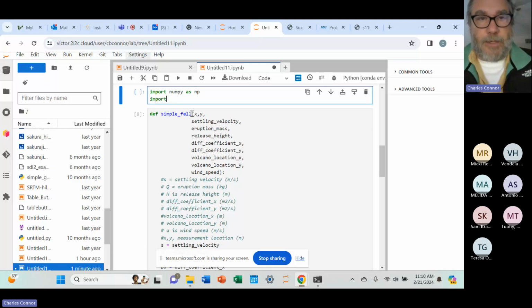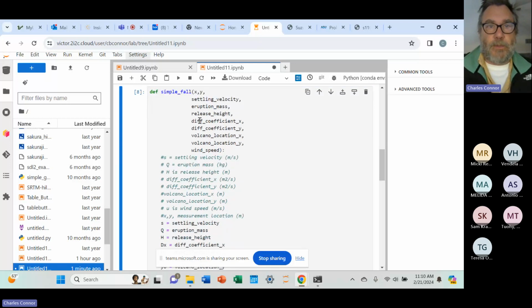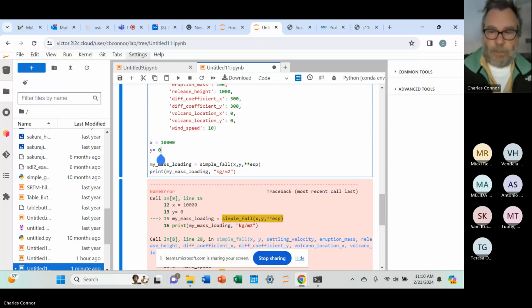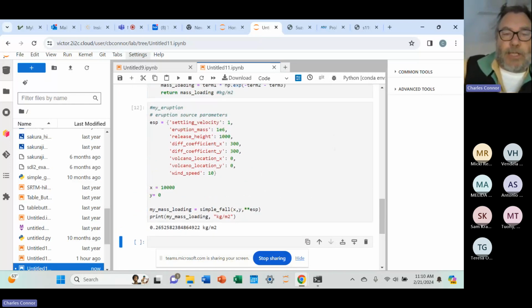And I'm going to plot here in a minute. So I'm going to import matplotlib.pyplot as plt. Okay, so I'm going to run those. Better run that again, run this again. Oh, okay, I get a mass loading. Okay, is it right? I have no idea, but let's check it out.